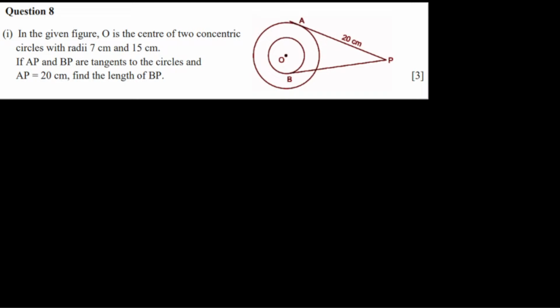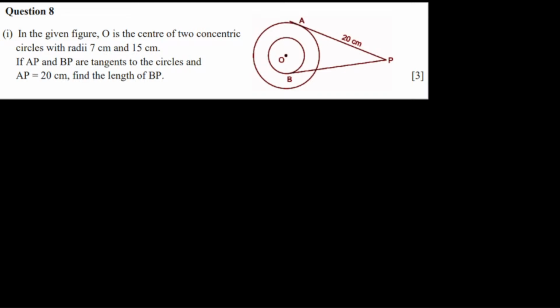Question number 8 is again a question of tangents and intersecting chords. So a figure is given to us. In the given figure, O is the center of two concentric circles with radii 7 centimeter and 15 centimeter. So concentric circles means the circles which have the same center.